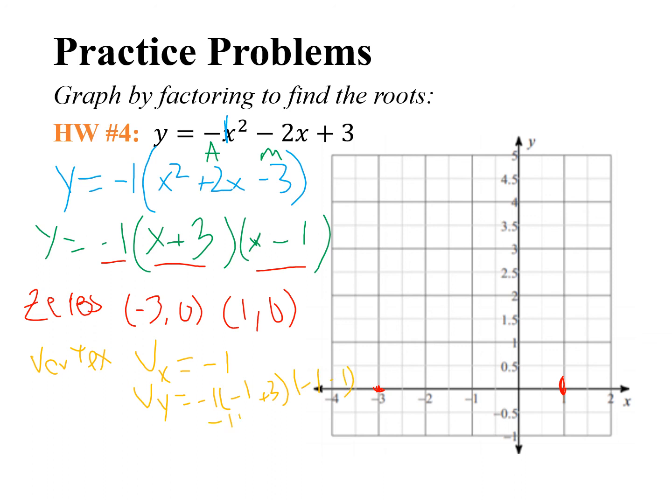I get -1 times the 2 times the -1, which gives me a y value of +2. So my vertex is at -1, +2.